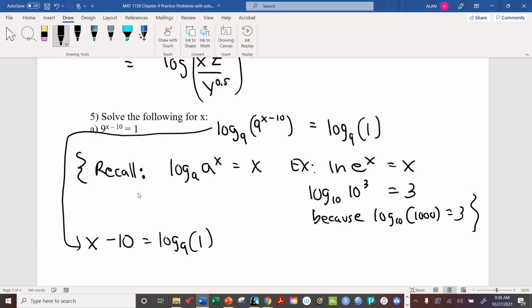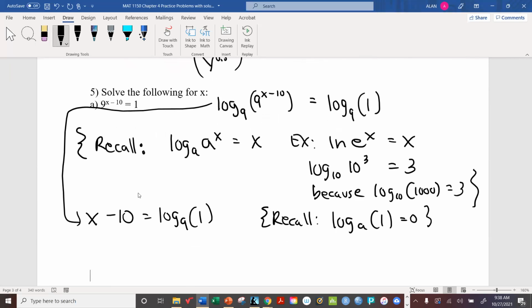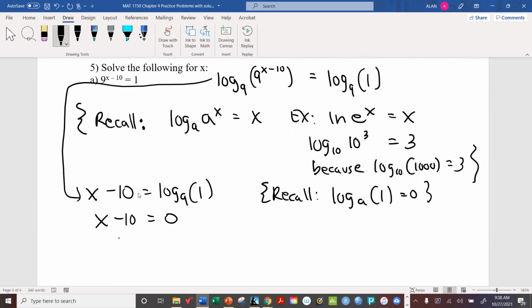You might remember the log to any base of 1 is just 0. So what I've got here is that x minus 10 equals 0, or x equals 10. And in this case, I think it might be a good move to do a double check.